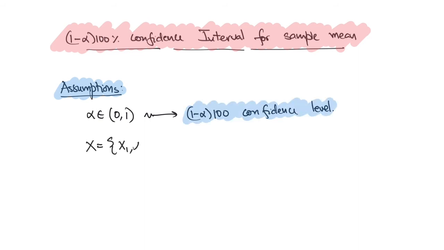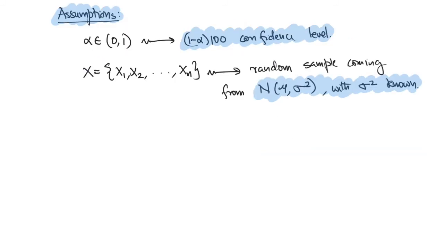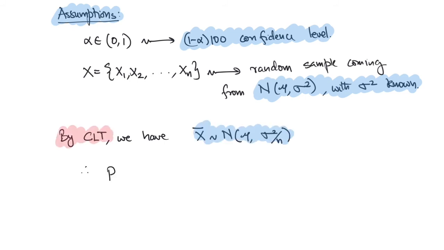The random sample x is a collection of random variables x1, x2, x3, which are identically and independently distributed, coming from the normal distribution with parameters mu and sigma squared. So mu is the parameter that we're trying to estimate, and we're going to assume that the variance sigma squared is known. The central limit theorem tells us that the sample mean is normally distributed with mean mu and variance sigma squared over n. And we want to solve the following probability equation.